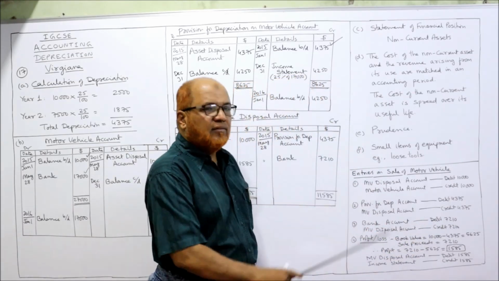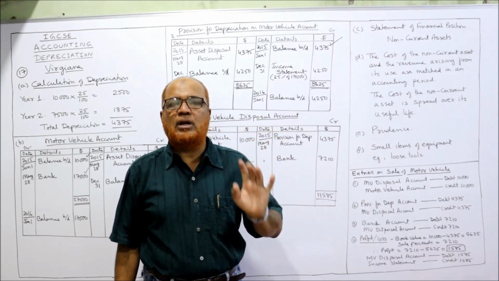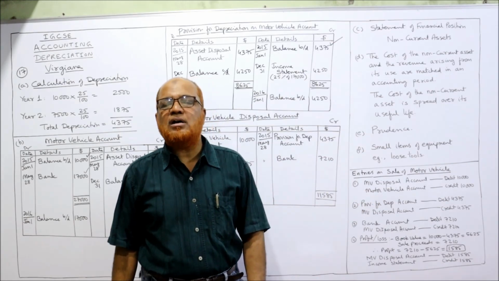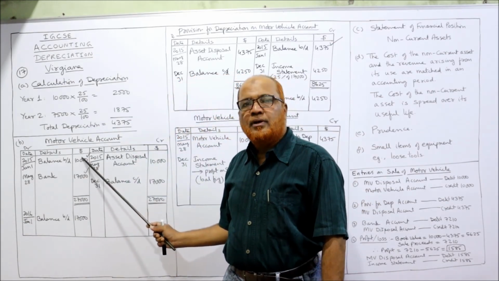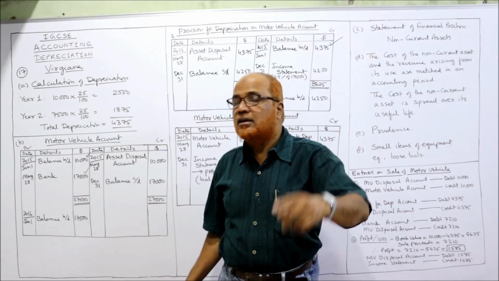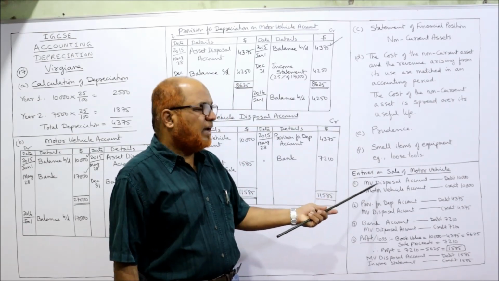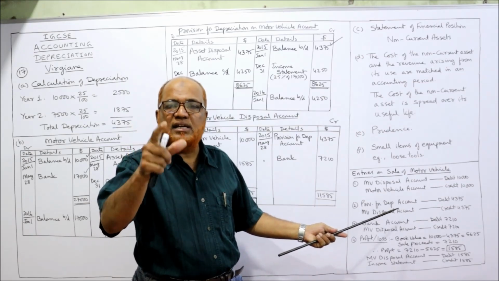The first entry will be motor vehicle disposal account debit and motor vehicle account credit. What is the cost of the motor vehicle? 10,000. The first motor vehicle which he purchased in 2013, the cost was 10,000. So what is the entry? Motor vehicle disposal. A new account is opened whenever an asset is sold.